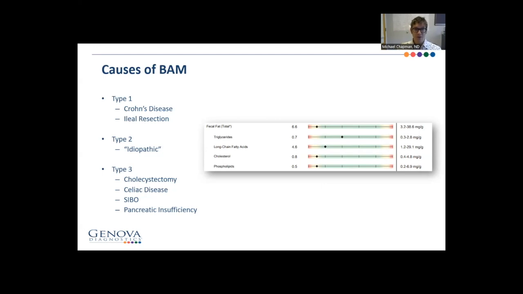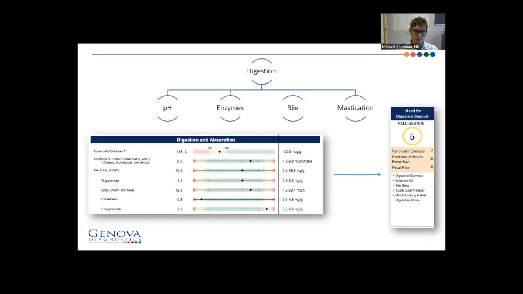Stimulating bile production, but also repairing the mucosa, are going to be the main things we want to do with respect to correcting bile acid malabsorption. And you can do that with all the things that we've talked about before and will talk about in the next several weeks.